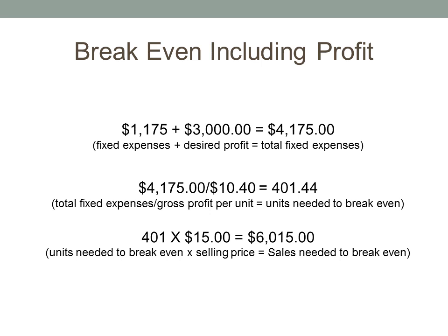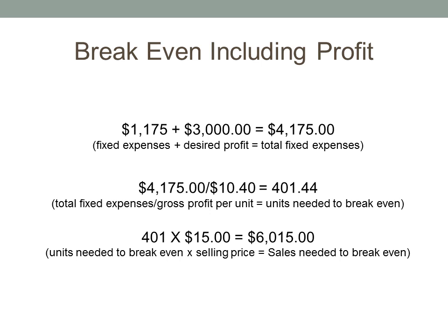So now his total fixed expenses is $4,175, and we divide that by our gross profit margin of $10.40, and that shows us that he now needs to sell 401 bags of tea.